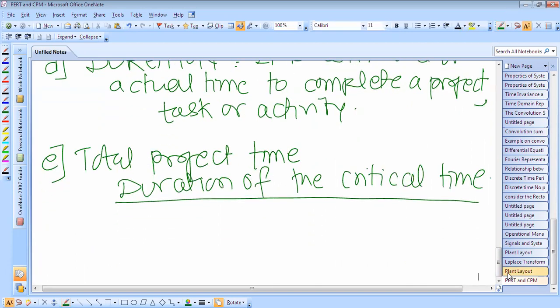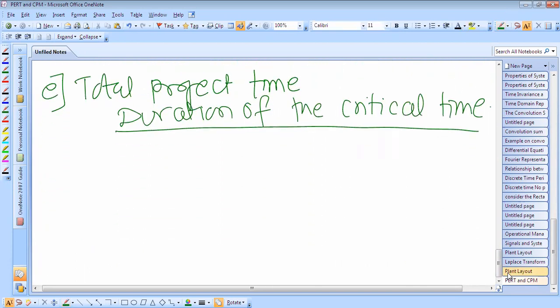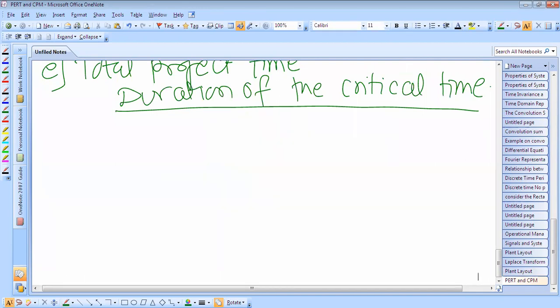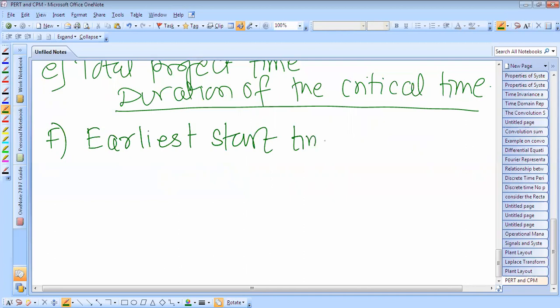Next is the earliest start time. It is also denoted by EST.